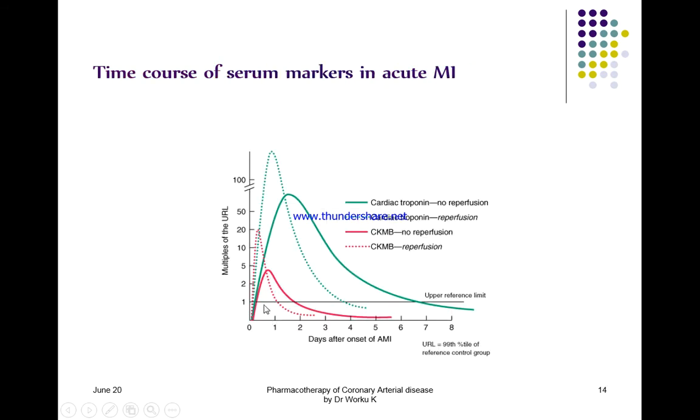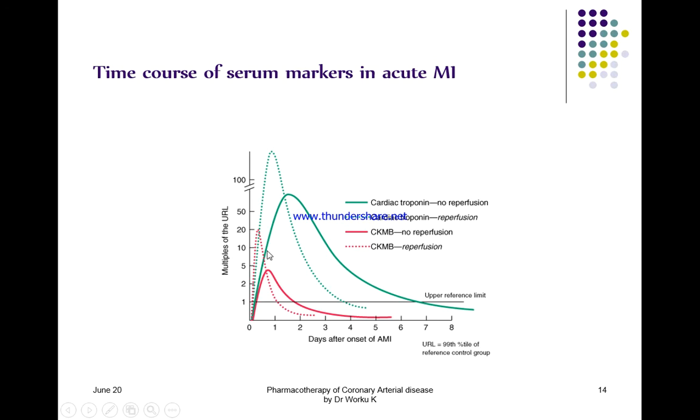Here is the graphic illustration of the serum markers in acute myocardial infarction. This shows cardiac troponin with reperfusion or without reperfusion. With reperfusion, it will return to normal within a short period of time.